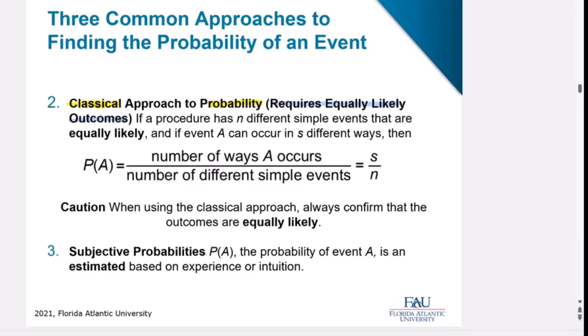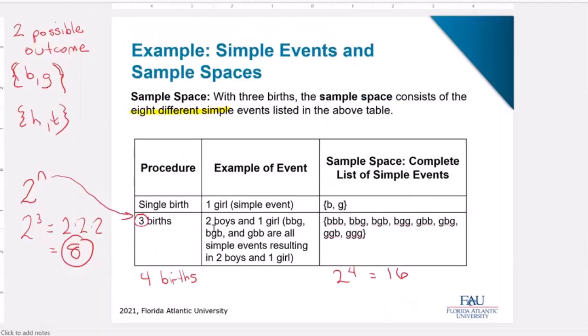Sample space, for example, if I want to know the probability of 2 boys and 1 girl would be equal to the total number of possible outcomes, which is my sample space, which was 8, 2 boys and 1 girl, 2 boys and 1 girl, and that's it. My classical approach would be I have 3/8.